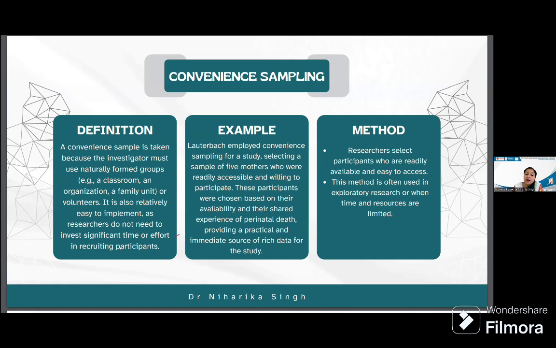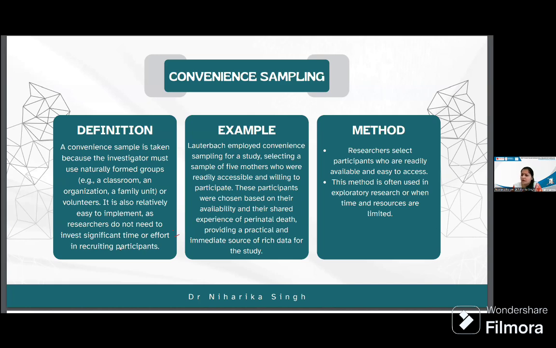So convenience sampling may be used when the investigator is naturally forming a group, or it is difficult to get other kinds of informants or respondents for your research work, or you're not getting respondents who are readily accepting to be part of your study.